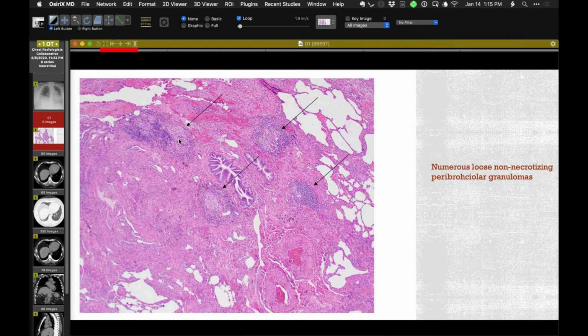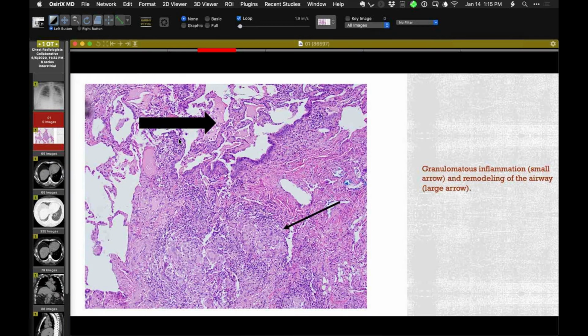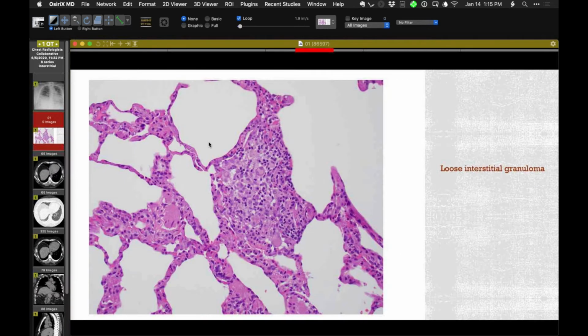We would say this is suggestive of an alternative diagnosis based on the distribution. We have had a couple of familial cases that end up being eventual diagnosis of familial fibrosis with UIP on biopsy. Yeah. Okay, good.